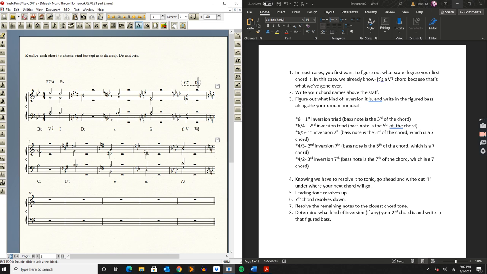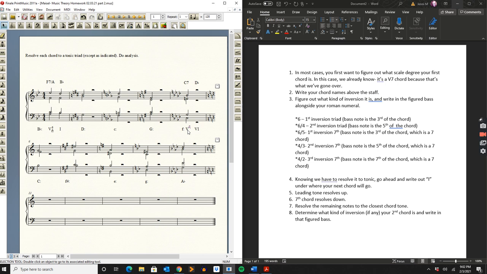Based on the homework assignment, I don't think it's going to be inverted, but we'll find out here in just a moment. So that being said, let's still enter that 7 next to the Roman numeral because we want to know that that's not just a regular old 5 chord, it's actually a 5/7. It's just not inverted.